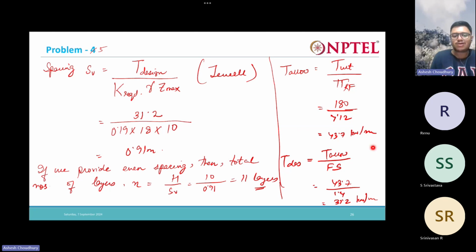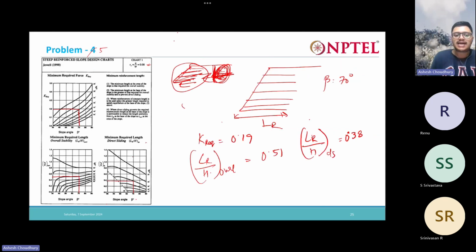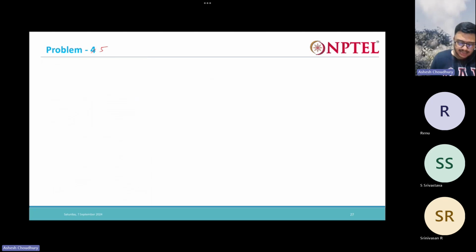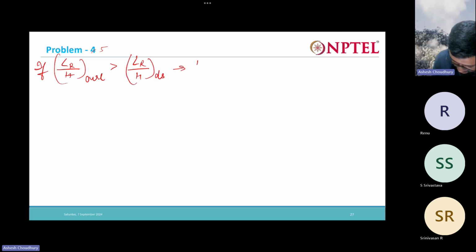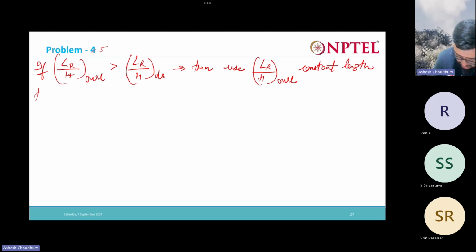Now to select the length of the reinforcement, this length LR that I was saying, there are some criteria. Let us see. If LR by H overall is greater than LR by H direct sliding, then use LR by H overall as a constant length throughout.